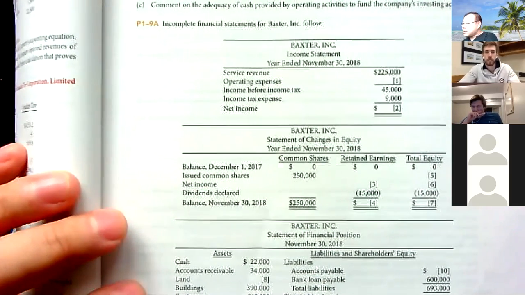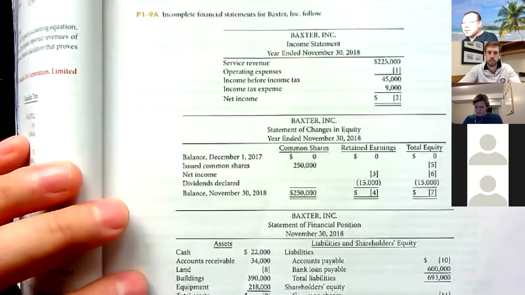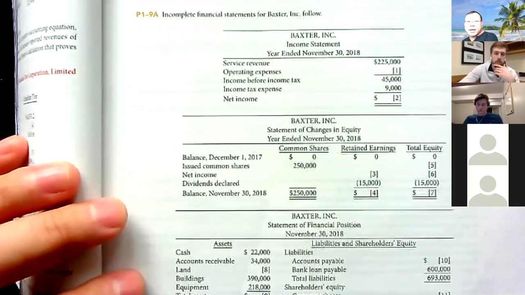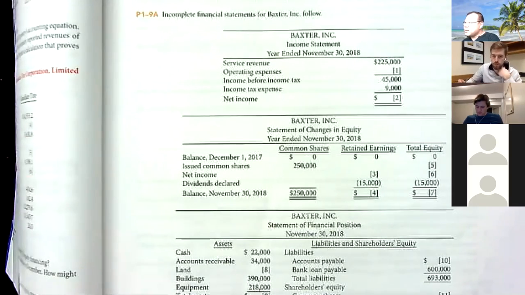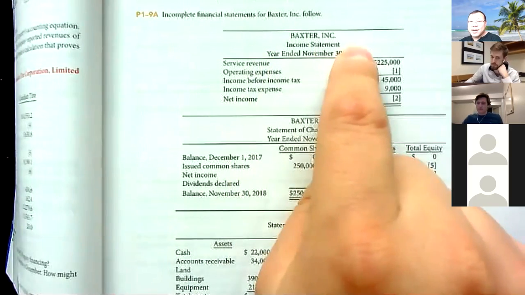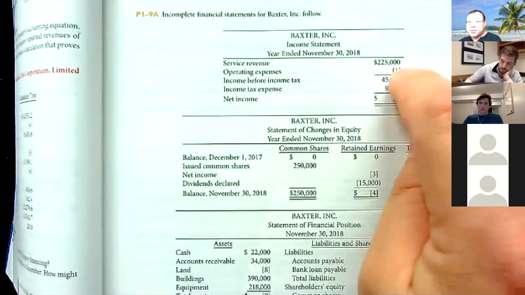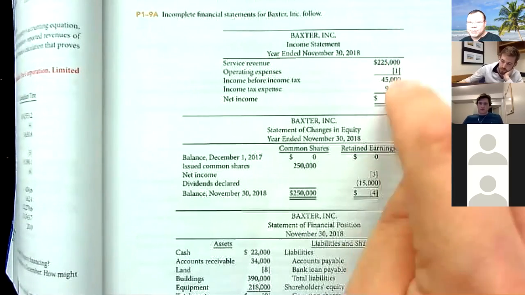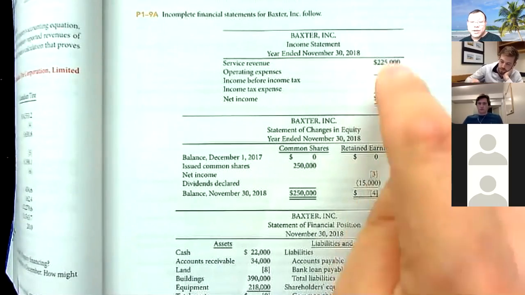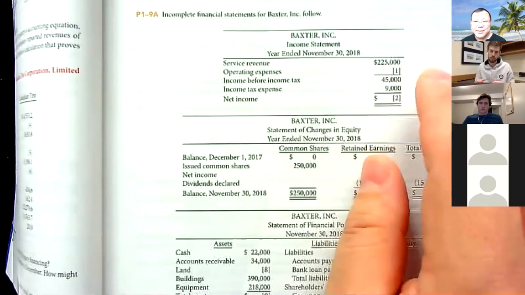Okay, so these are the incomplete financial statements of a company. You can see this is the income statement, but it did not give you the complete information. They want you to figure out these numbers. So I give you some time to work on this.